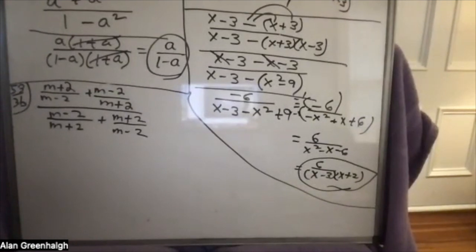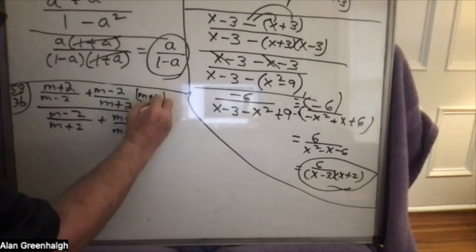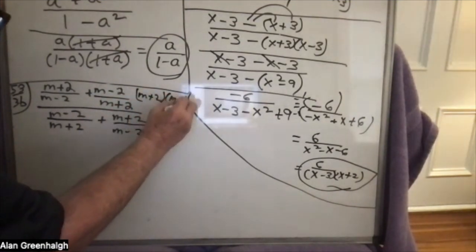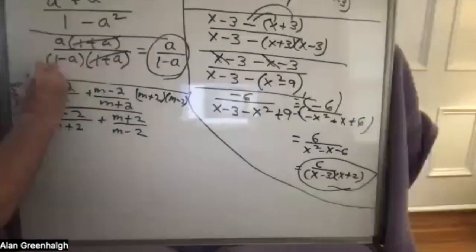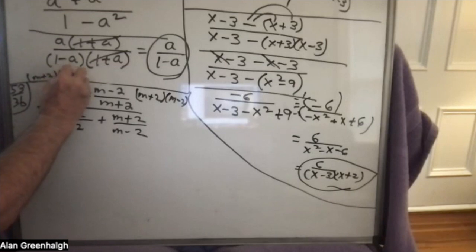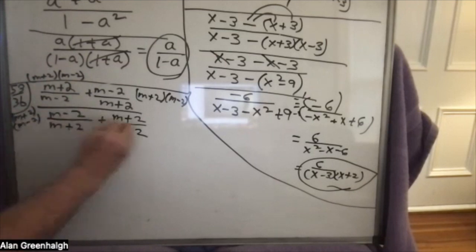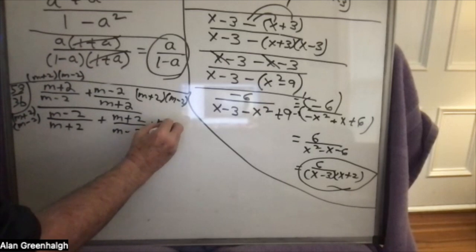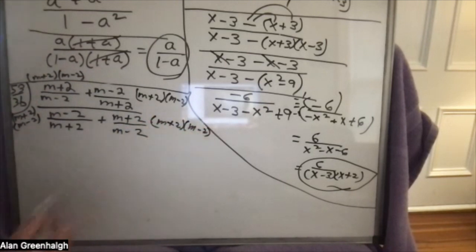All right, so I'm going to multiply everything by m plus 2 times m minus 2, each term: m plus 2 times m minus 2.